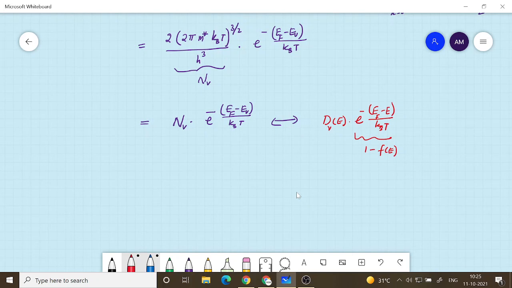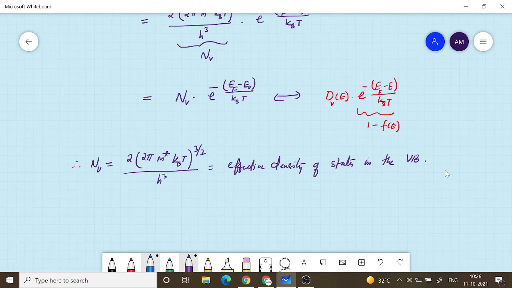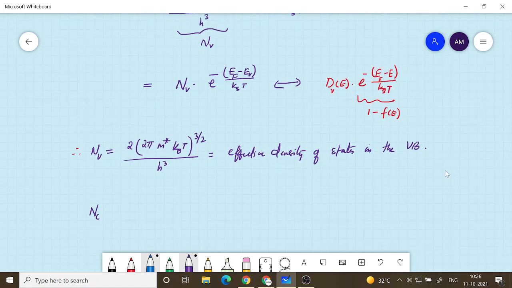So therefore our NV is basically 2 into 2 pi m star kBT raised to 3 by 2 by h cube, and this is called the effective density of states in the valence band. We earlier had the effective density of states in the conduction band, which was 2 into 2 pi m star kBT raised to 3 by 2 by h cube.